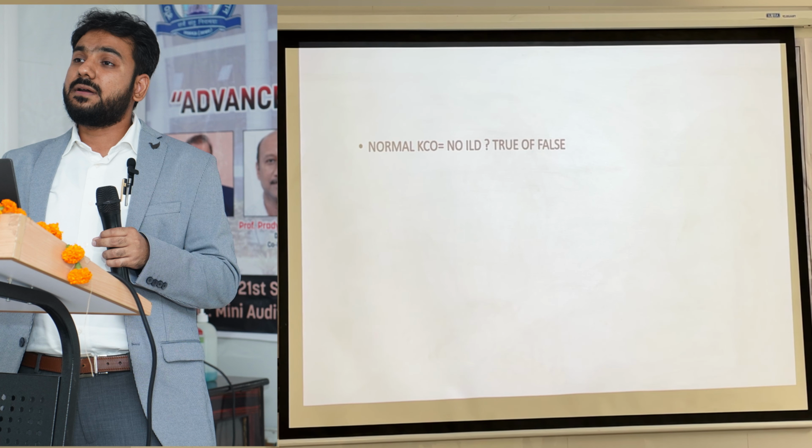Now, if the KCO is normal, can we say that the patient does not have ILD? Yes or no? No, we cannot say that. Since in patients with ILD, the alveolar volume will also reduce. The lungs are going to shrink in size, and with the loss of VA, the KCO will rise in a curvilinear fashion.